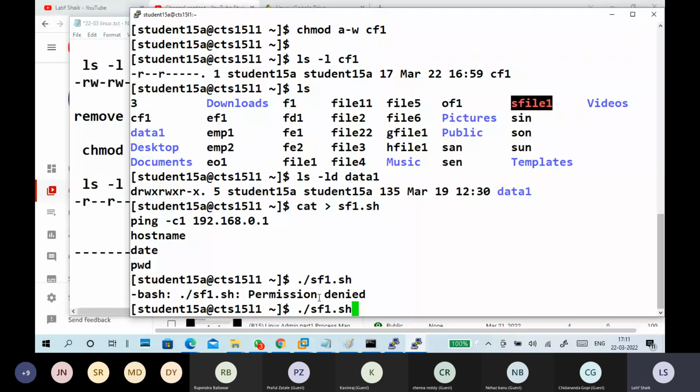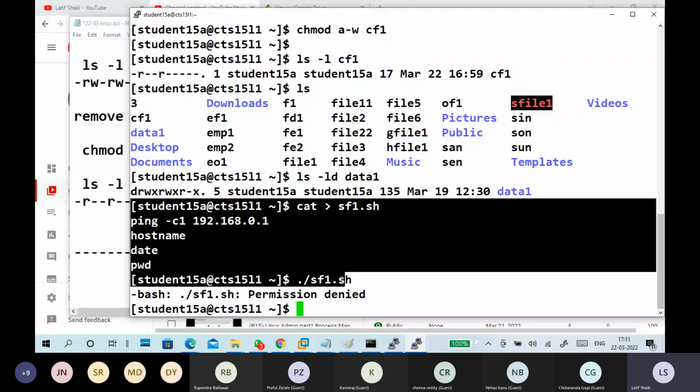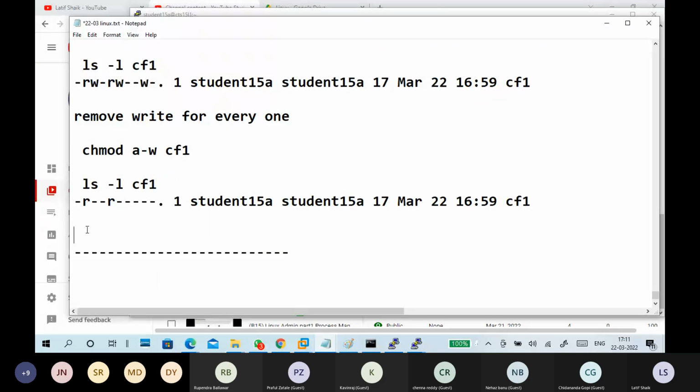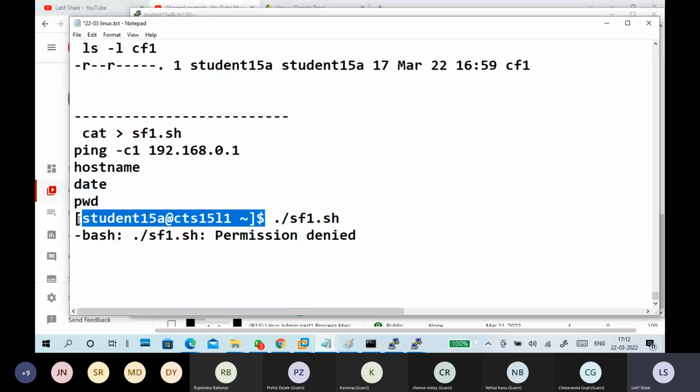Because either you are not root or it is not executable. So I created a file and I'm trying to execute the file.